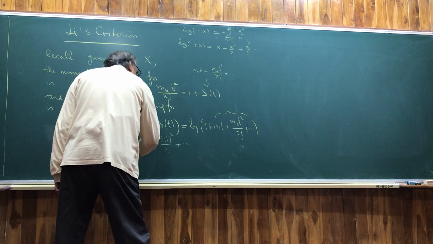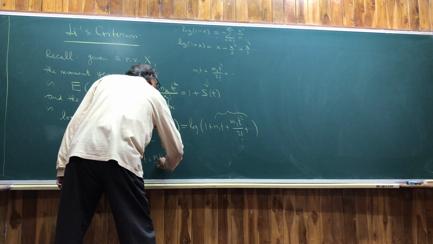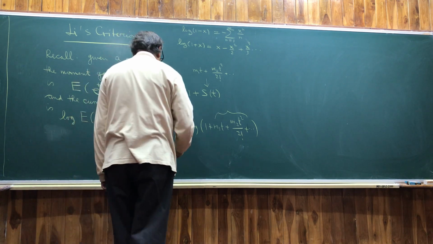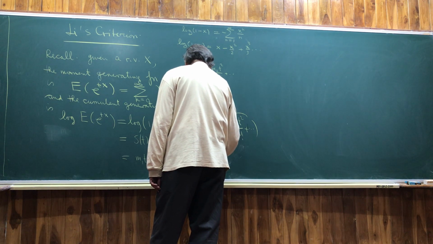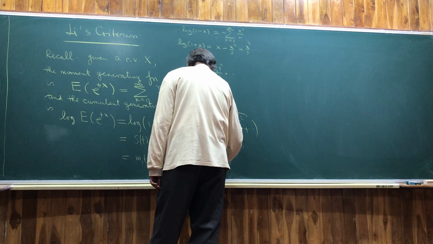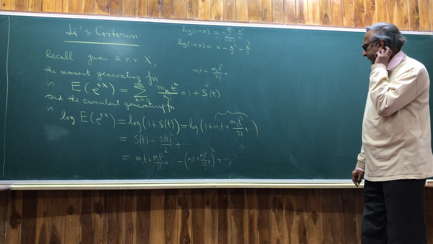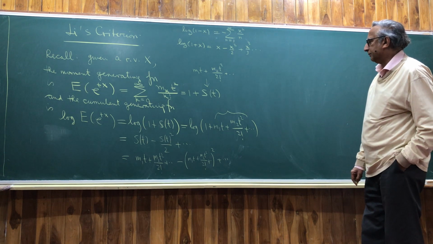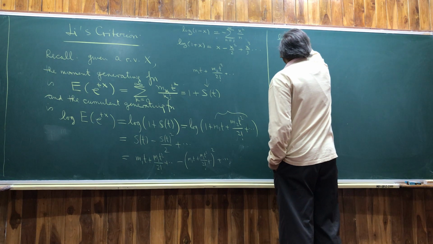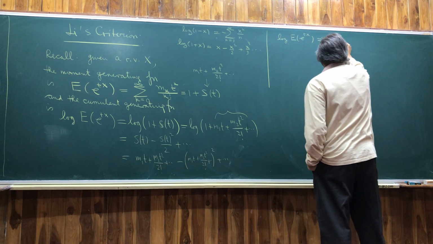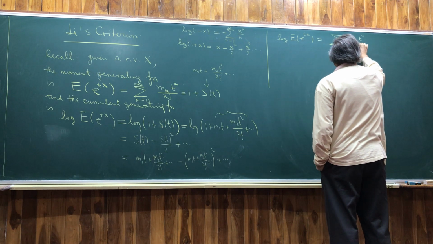So when I write down this thing, it will be m1 t plus m2 t squared over 2 factorial, dot, dot, dot, minus m1 t plus m2 t squared, and so on. The cumulant generating function was defined as log of E of e to the tX, the summation of kappa sub n, t to the n over n factorial.